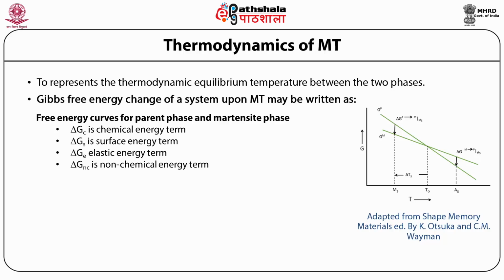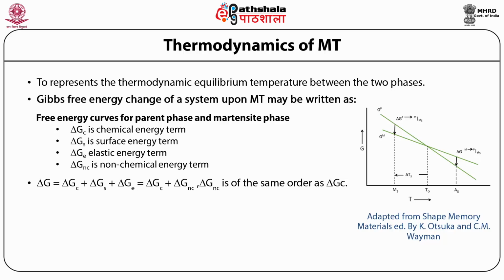takes place. That is, we can write delta G equal to delta GC plus delta GS plus delta GE.